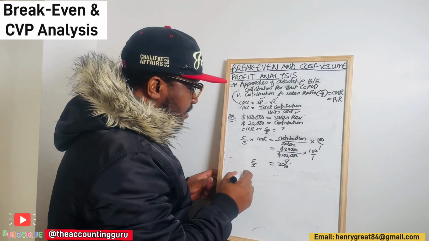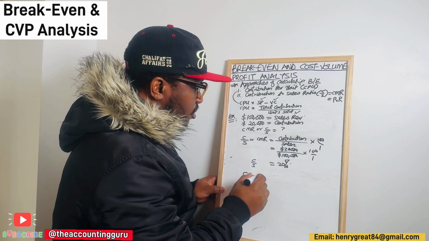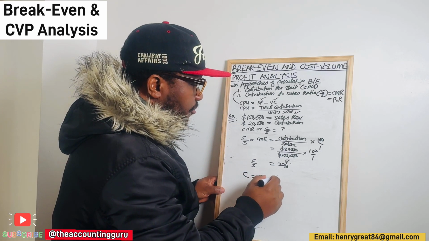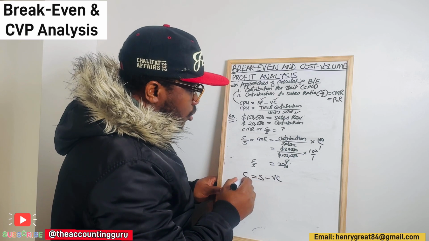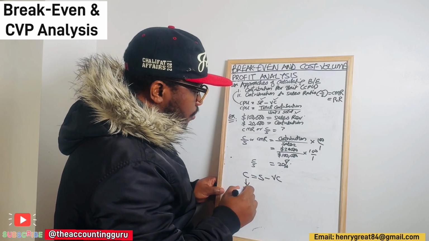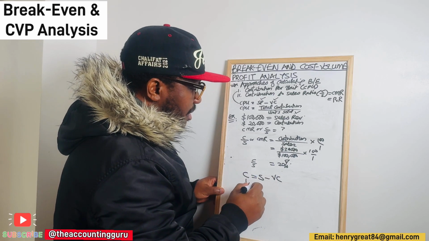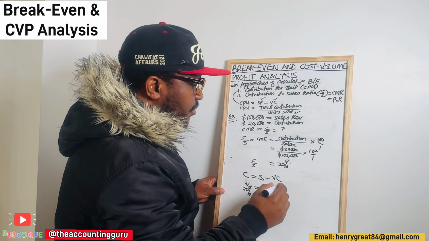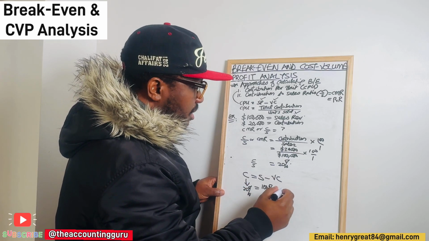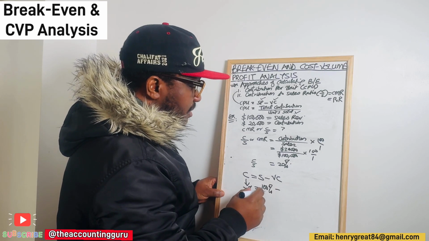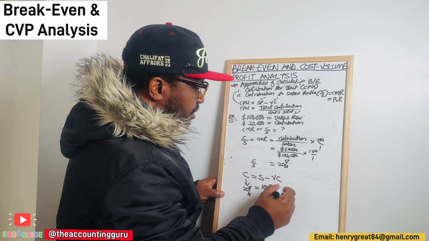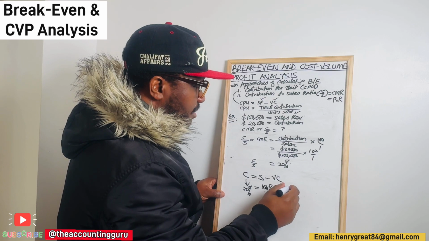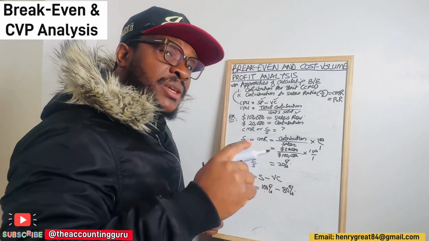Obviously, since we have said contribution is equal to sales minus variable cost, if this contribution is taking 20% and this sales is 100%, it invariably means that variable cost is taking 100% minus 20%. This is 80%.